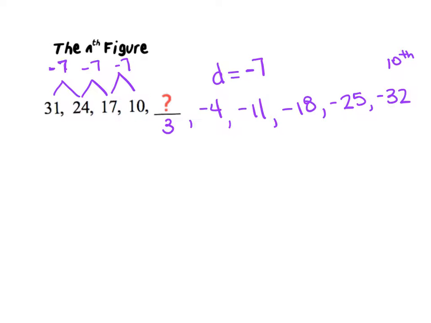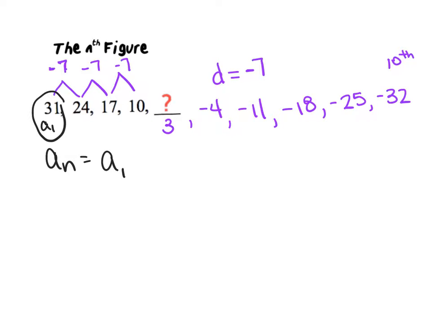So I'll show you with the formula now how to find the 10th figure. The formula itself is a sub n is equal to the starting value, which we call A1, the very first number in the sequence. In this case, our A1 is here at 31. This is our start.